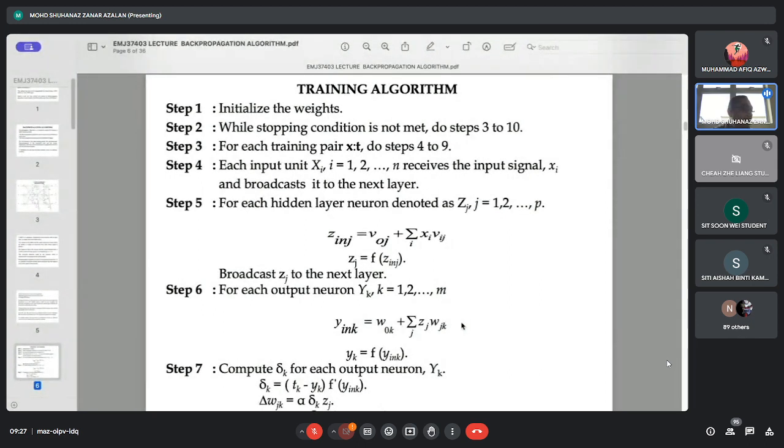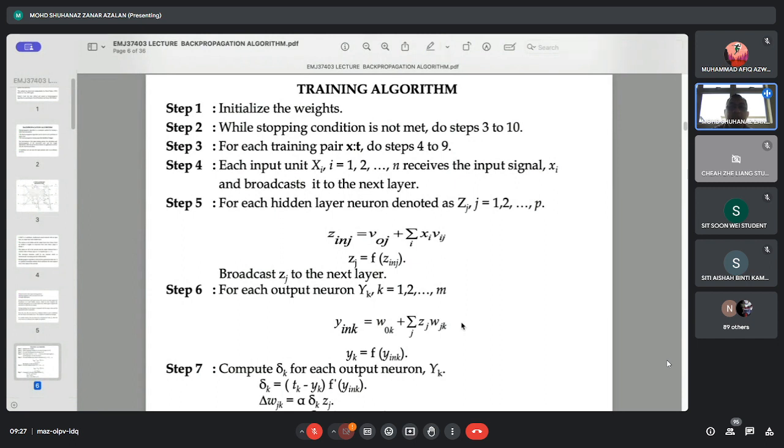This is normally random. The computer will make it random to get the initial weightage value, and then it will put the input into the layer.